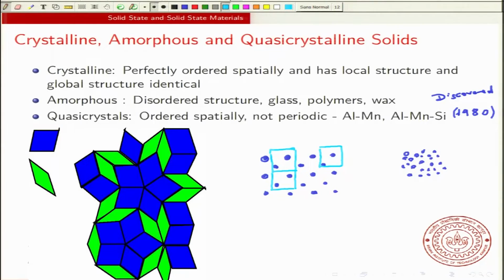In almost the entire course, I am going to be talking about crystalline solids, though I should emphasize that there is a lot of interest in amorphous materials, and by no means is this the entire spectrum of all solid materials. But for this course we will be mostly focusing on crystalline solids, and we will be seeing how to understand this spatial ordering in the crystal.